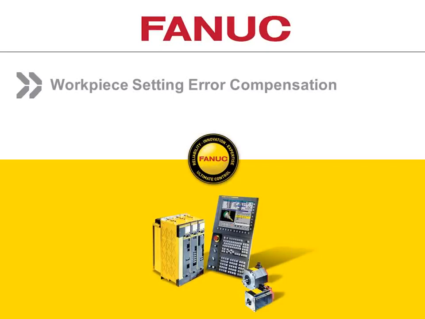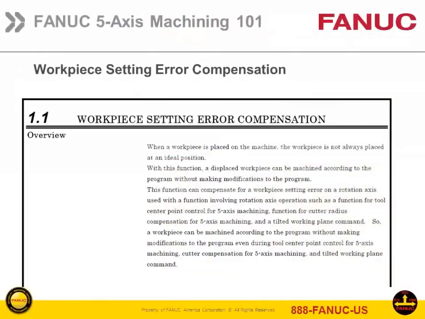So with the workpiece setting error compensation, that gives you the capability of, if you take the part on and off whatever fixture you're using, you can tell the machine where it's located after you actually maybe machine it or move it. And with this, again, this is just saying that when it's placed on the table, the workpiece is not always at an ideal position.